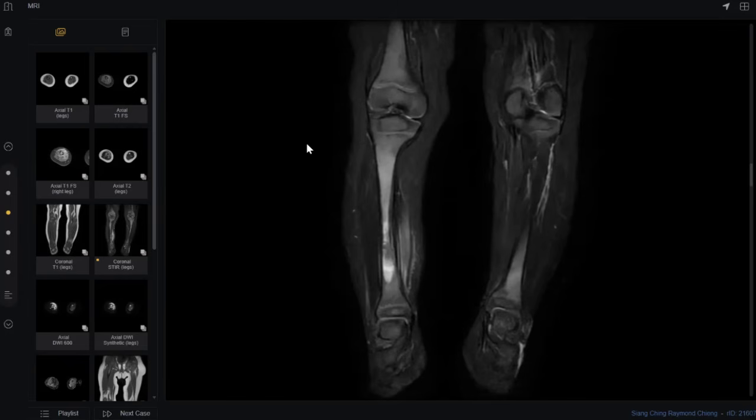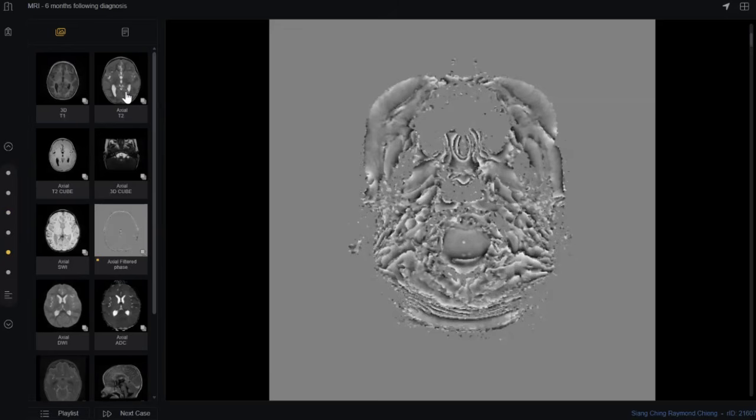I would like to see any involvement in the spine, as the patient is presenting with bilateral lower limb weakness and headache, neural symptoms. He did this exam. Could you have a look, please?